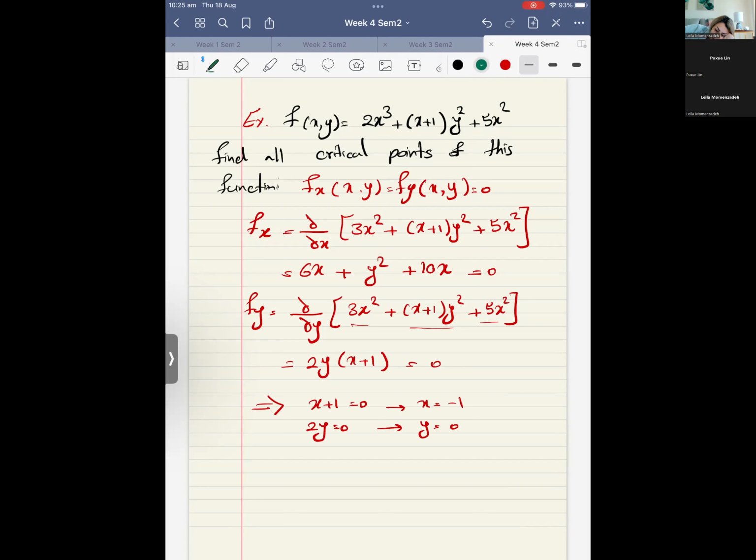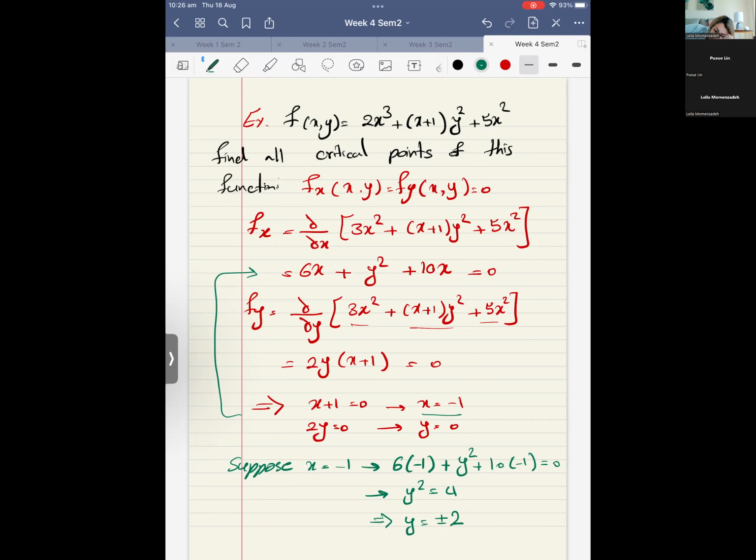Now keep this one and go back to this equation. Suppose x equals minus 1, then check in this equation: 6 times minus 1 plus y square plus 10 times minus 1 equals 0. It means y square would be equal to 4, y equals plus and minus 2.